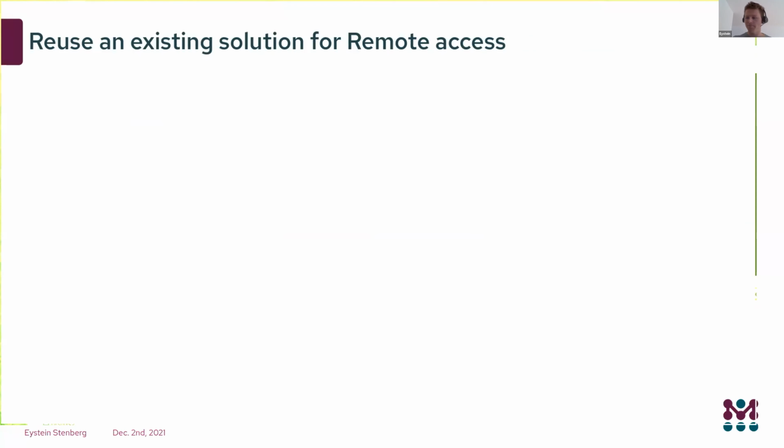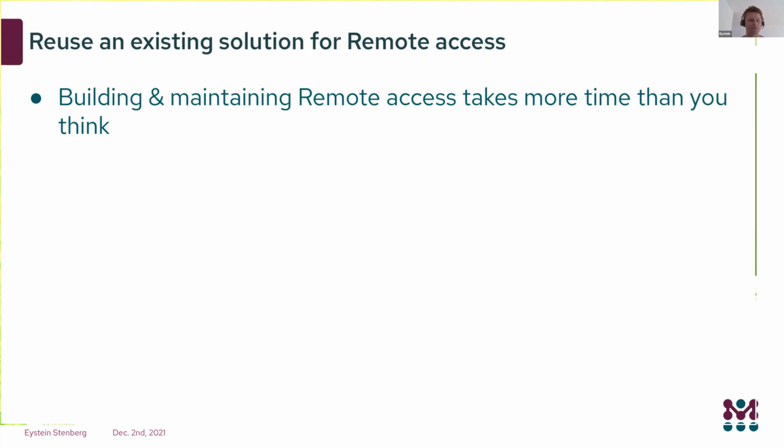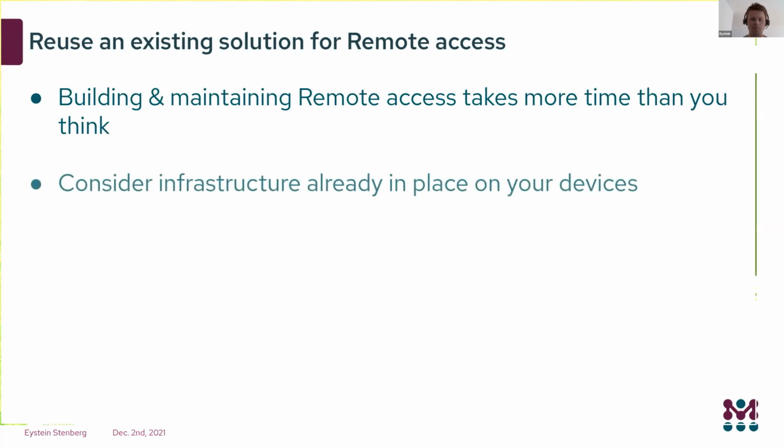So my main message is to try to reuse as much as you can for this, because at least what we discovered is that trying to build a remote access solution is more complicated than you would think. I guess this applies to most engineering projects, but in this one in particular, you cannot do it wrong because it can have very bad consequences and expose devices to vulnerabilities.